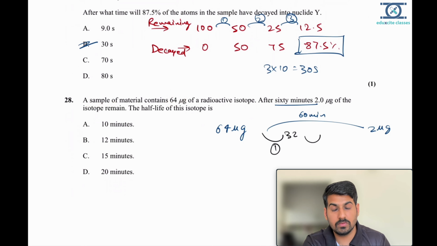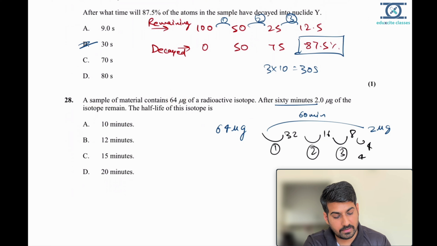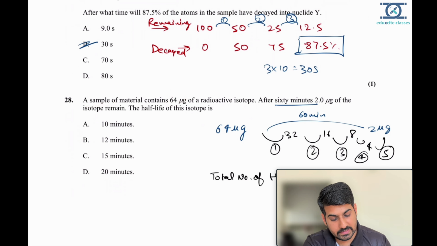Then 32 to half, that is 16, second half-life. 16 to 8, third half-life. 8 to 4, fourth half-life, and 4 to 2, fifth half-life. So the total number of half-lives is 5, and it takes 5 half-lives for 60 minutes.